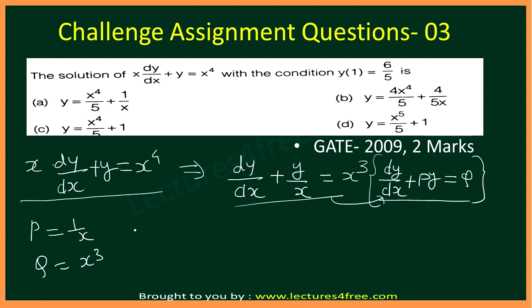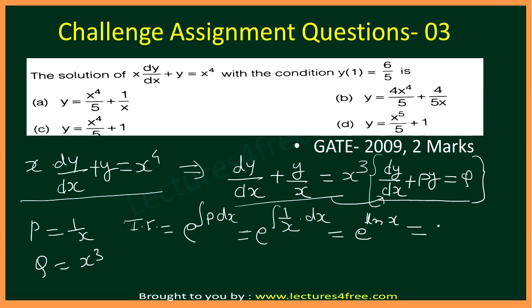So to solve this, first of all you have to calculate the integrating factor, and you know how we calculate the integrating factor: e to the power integration of P dx. So here e to the power integration of 1 by x dx. Integration of 1 by x is log at the base e of x.